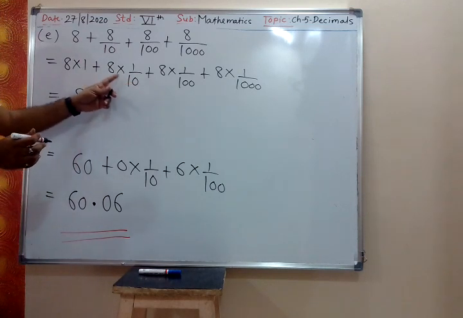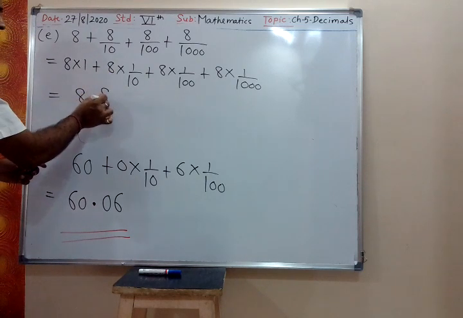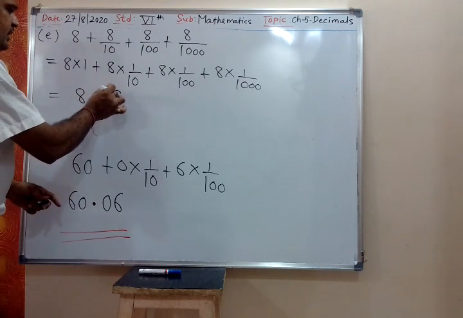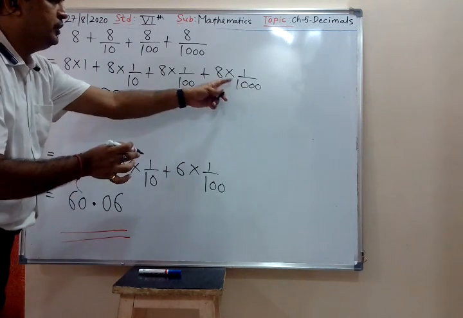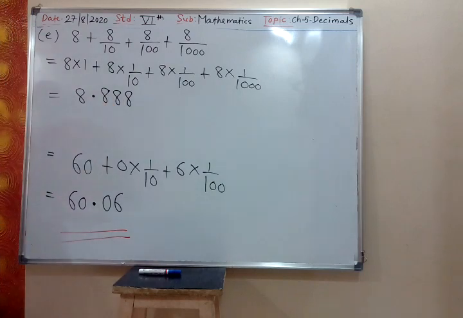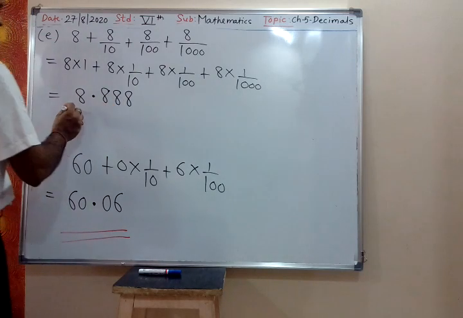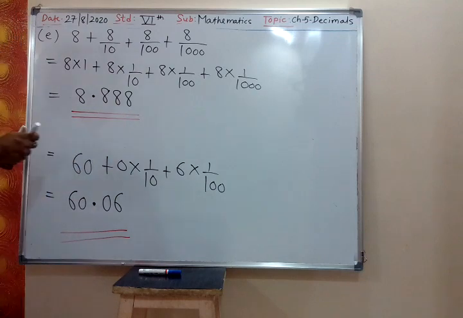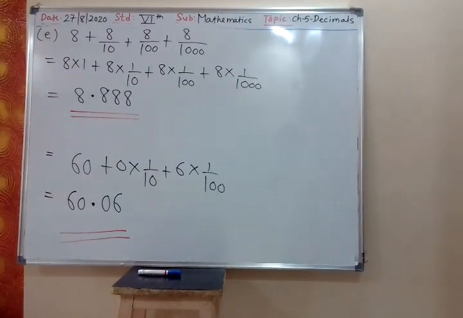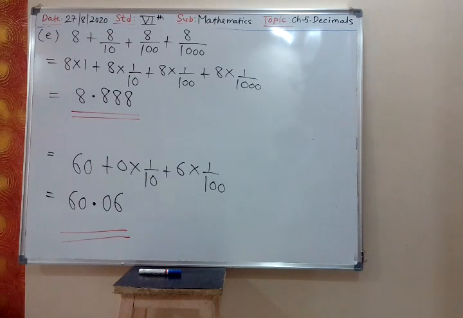Then 10th position, it is 8, we write first digit 8. Then 100th position, it is 8, we write 8. Then 1000th position, it is 8, we write 8. So answer is 8.888.